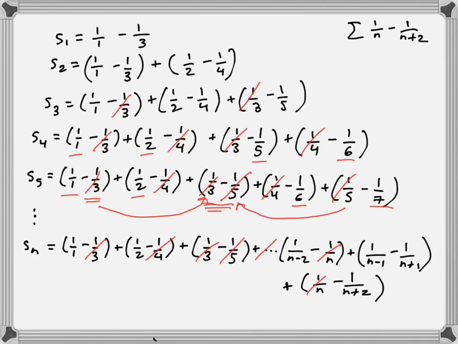So this guy cancels with 2 that's behind it. This guy's going to cancel with stuff that's 2 behind it. This guy's going to cancel with stuff that's 2 behind it. So everything in the middle cancels. The only things that remain are these circled terms. That guy, and this negative guy, and this negative guy.